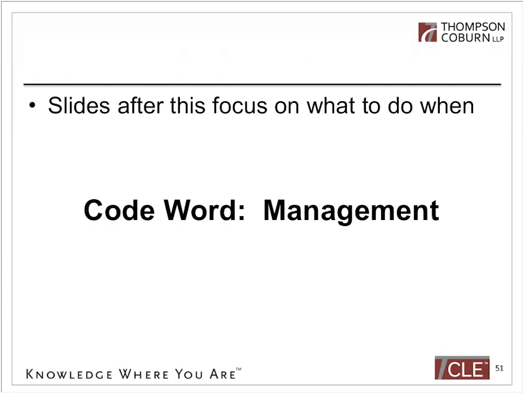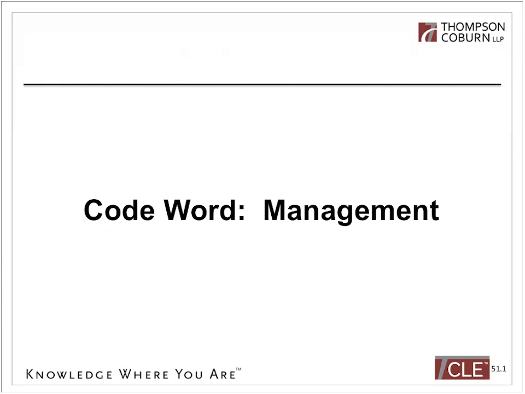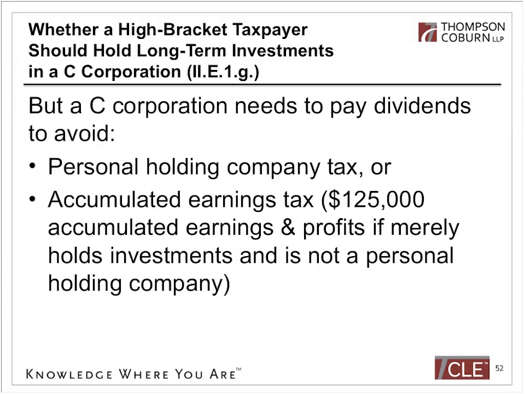To the next slide. So the code word is management, because we were talking about deducting investment management fees. If you have all these wonderful tax rates inside a C Corp, should you just have all your investments inside the C Corp? Well, one of the issues is, of course, Congress can always take away the 21% rate and reinstate a higher rate. And remember, the 2017 tax reform was passed on a partisan basis that increased the budget deficit by a $1.5 trillion tax cut.